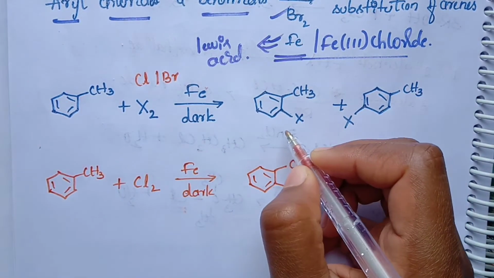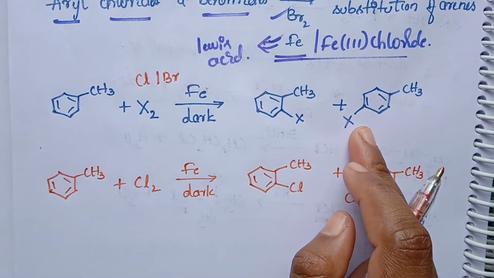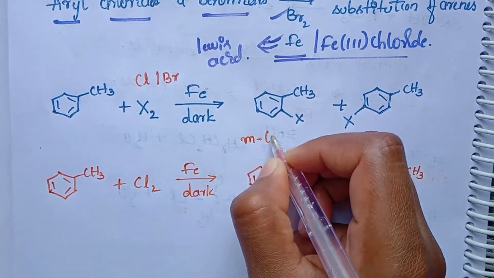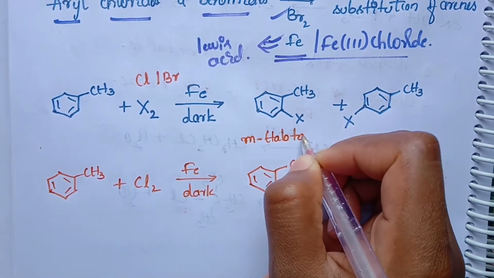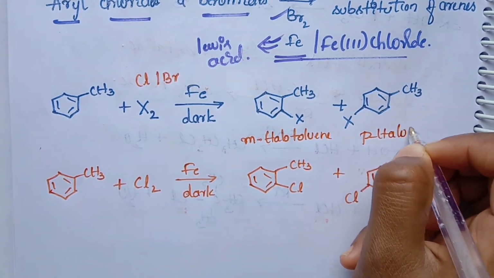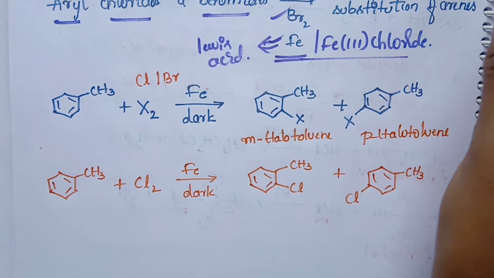Here meta-halotoluene will be formed, and para-halotoluene will be formed. This is the major product.